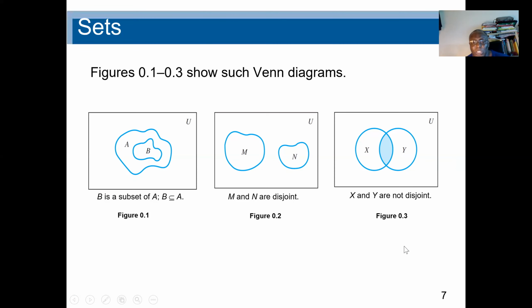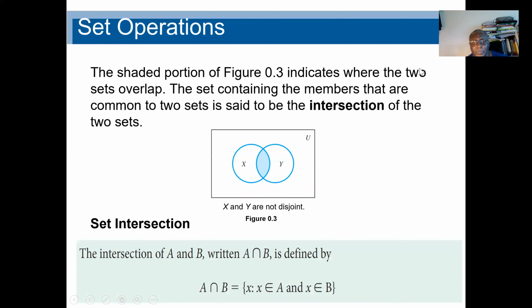So let's go to the set operations. The first thing we're going to learn is the intersection. We say the shaded portion of figure 0.3 indicates where two sets overlap. The set contains the members that are common to two sets, and this is called intersection, which means where they overlap, the elements in X and Y are the same.